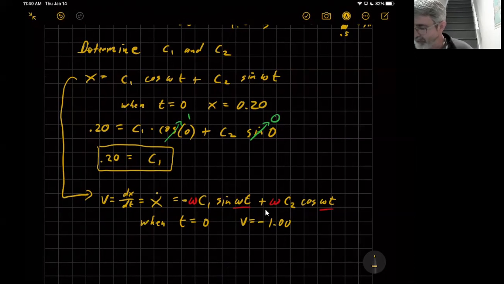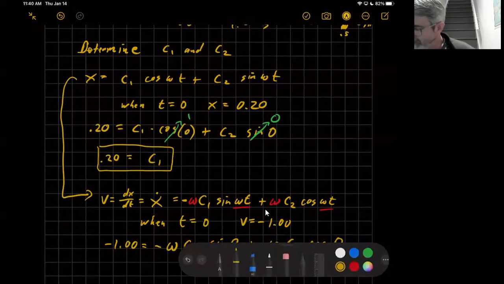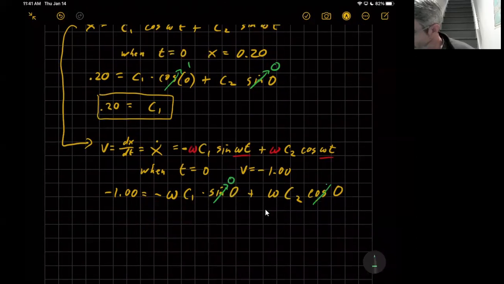So we can substitute in that -1 is equal to negative omega times C1 times the sine of 0, because omega t will be 0 when t is 0, plus omega C2 cosine of 0. Now just like before, certain things will go away. This goes to 0.